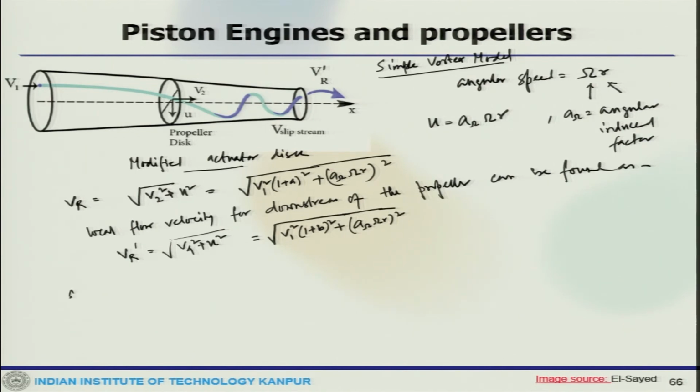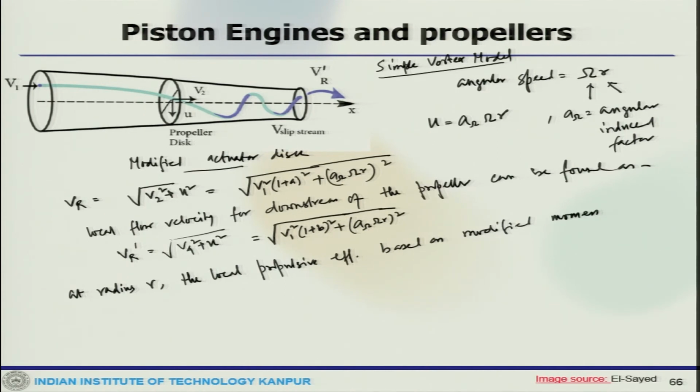Now, let us say at radius r, the local propulsive efficiency based on modified momentum theory.